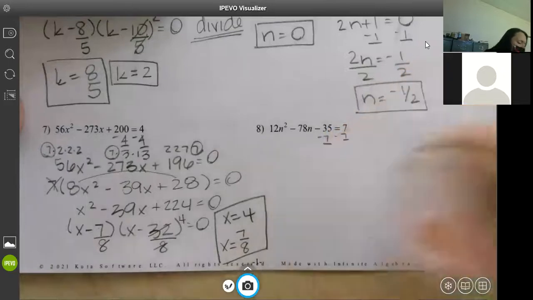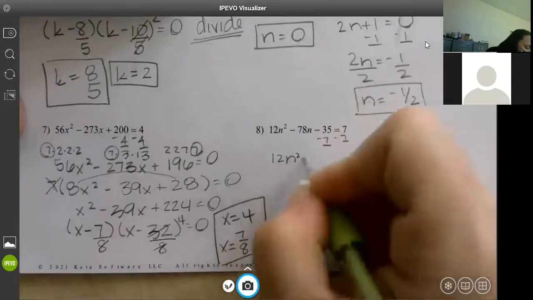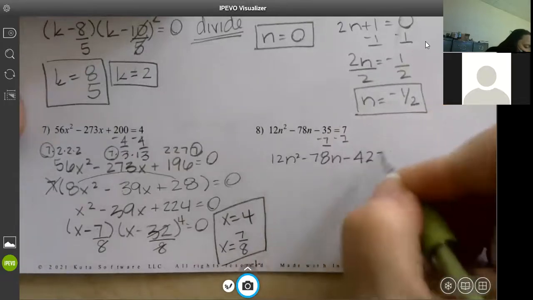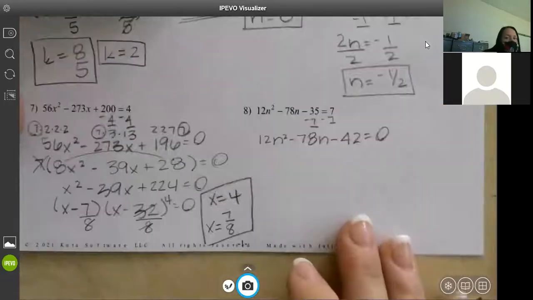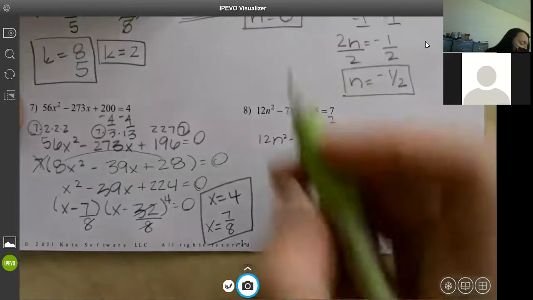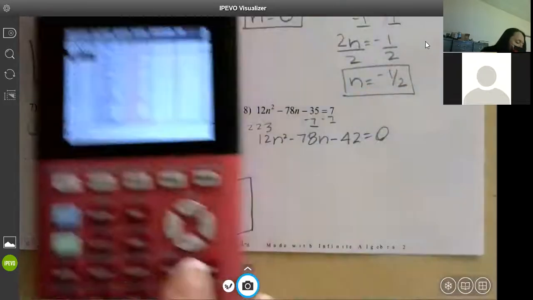On the next one, we're going to subtract 7, which gives us a negative 42. I can see that all of these are divisible by 2, but it could be more than 2. So 12 is 2, 2, and 3.